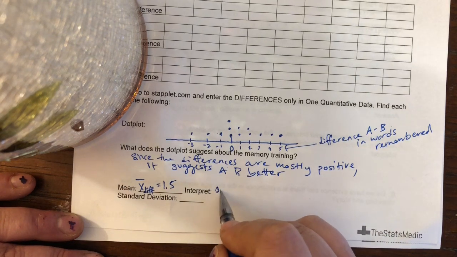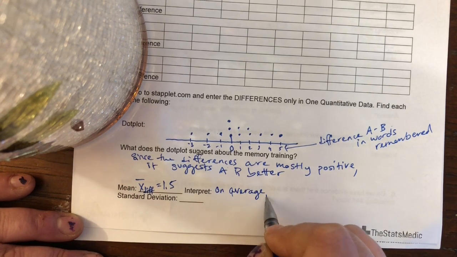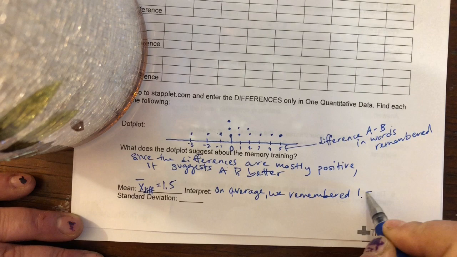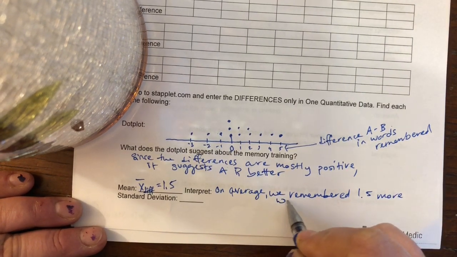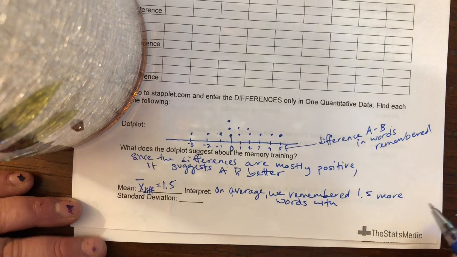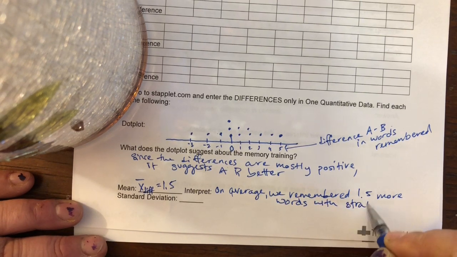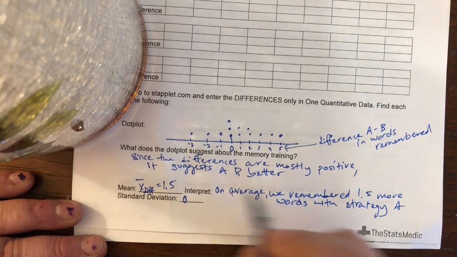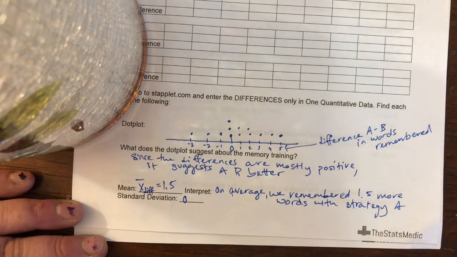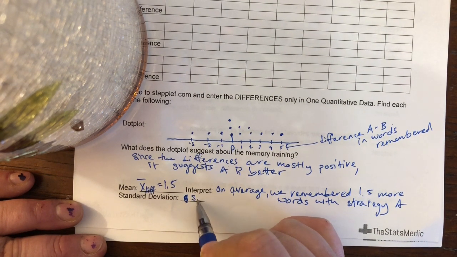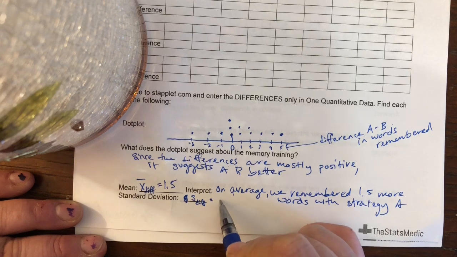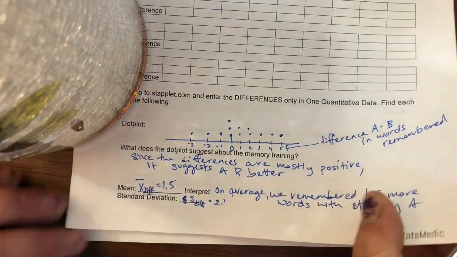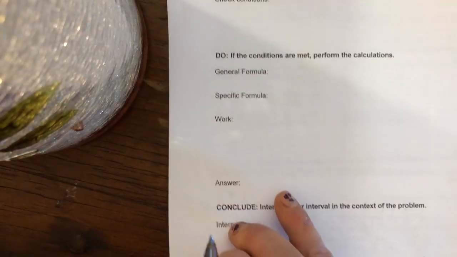So on average, we remembered 1.5 more words with strategy A. And the standard deviation of our sampling distribution is 2.1. All right, now, like usual, we're going to see if there's a more precise way to do that.